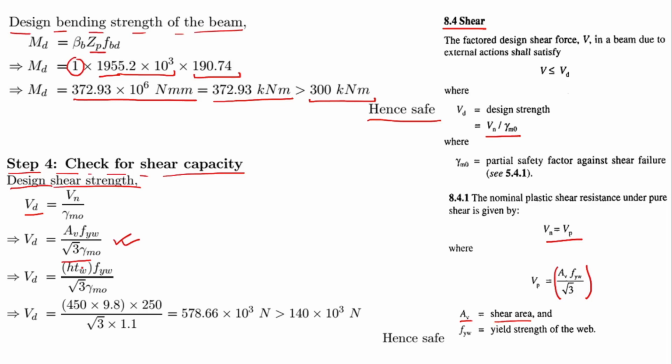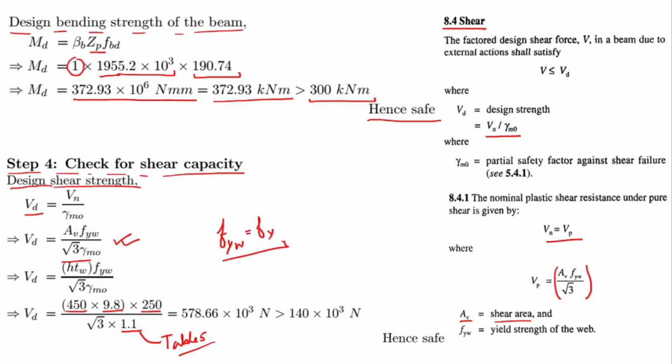So the cross sectional area of the web will be the shear area, and then if we put the values of H as 450 mm, TW thickness of the web as 9.8, FYW, which is the yield strength of the web, as 250, then gamma m naught as 1.1. The value of gamma m naught is taken from table 5 of IS 800. Remember FYW, which is the yield strength of the web, is equal to Fy, yield strength.